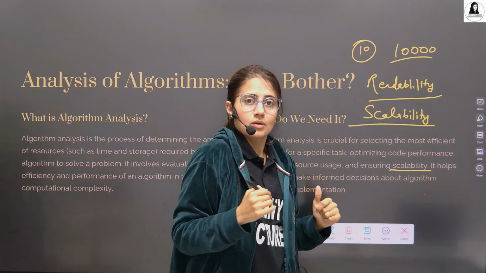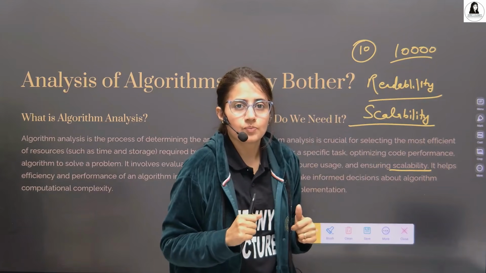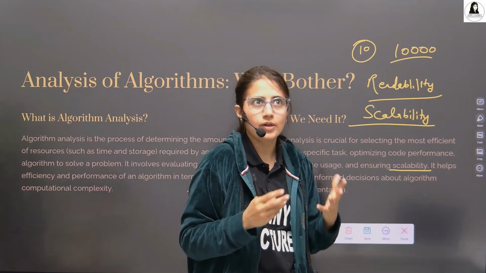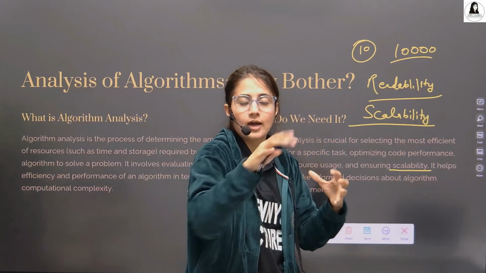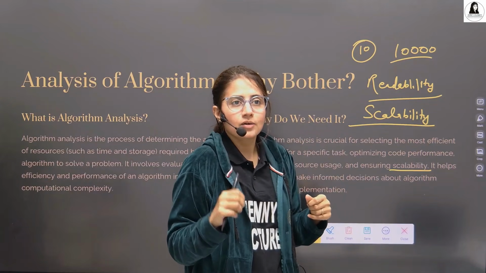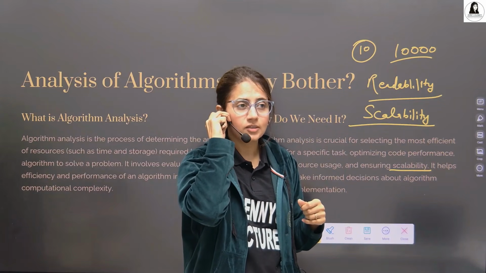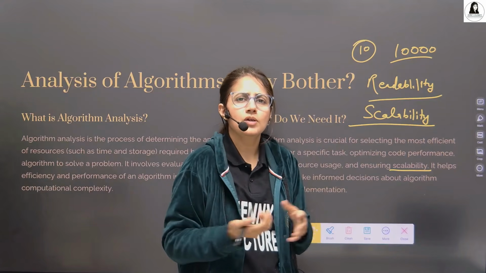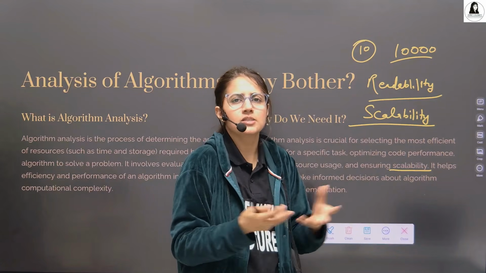Like suppose there is my website, Jenny's lectures. When we were working on that website, it's not that we thought only 50 or 100 users will use it at a time, so we can make a simple website.